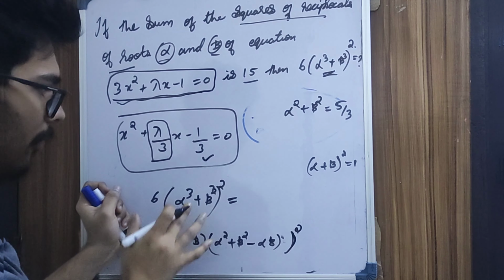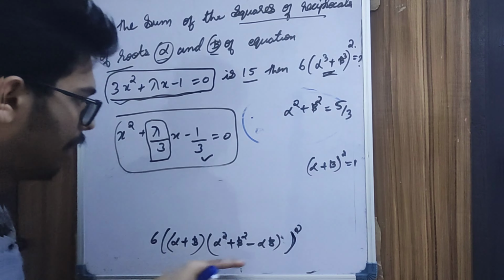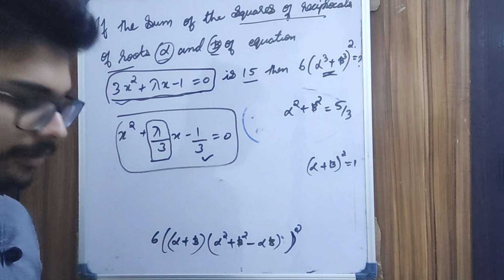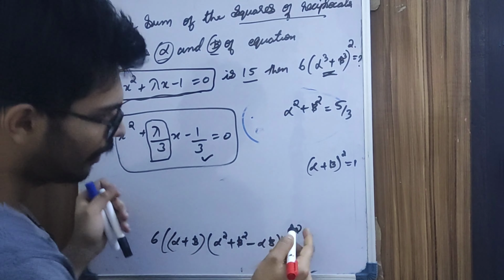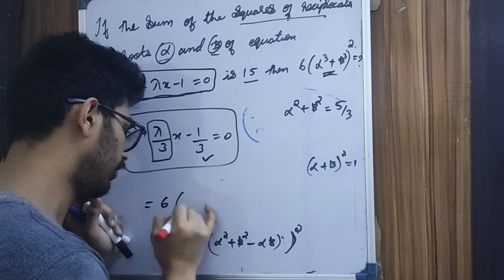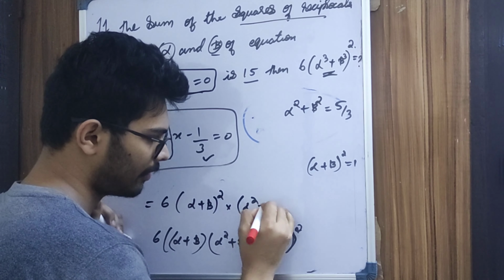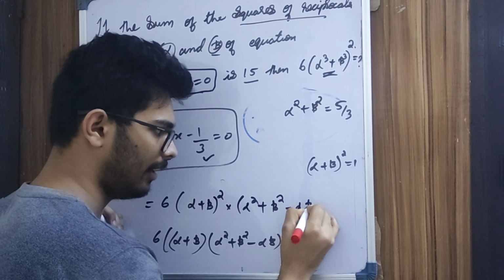Now I am substituting these values. Before substituting values, we can do one more step. We can do this squaring individually to these two terms. It will be equal to 6 into alpha plus beta the whole square into alpha square plus beta square minus alpha beta the whole square.